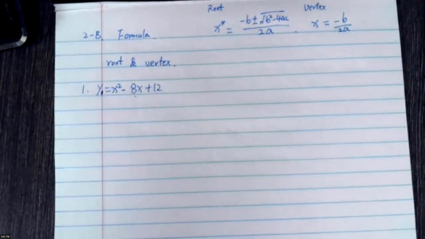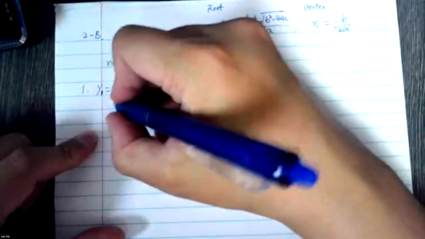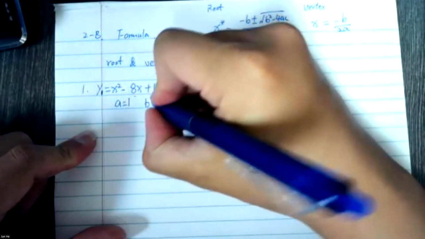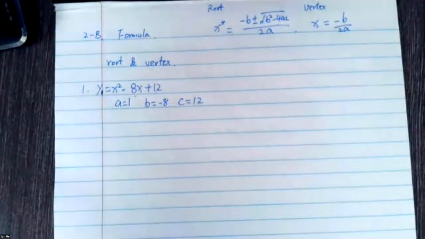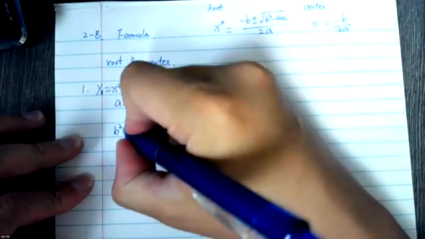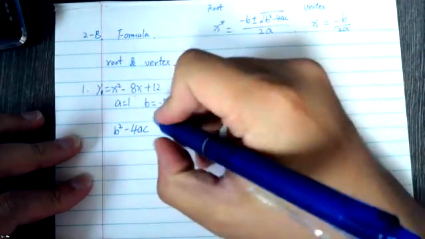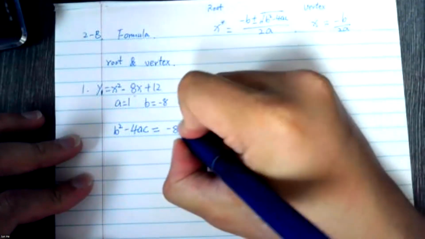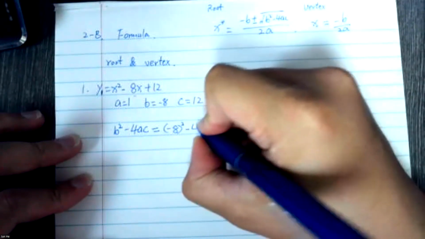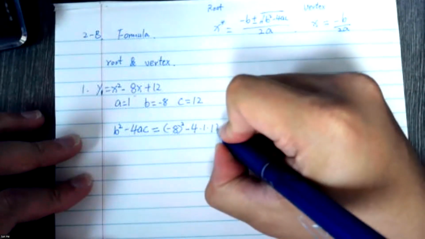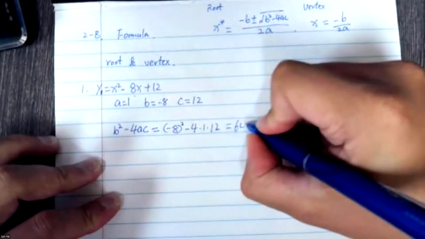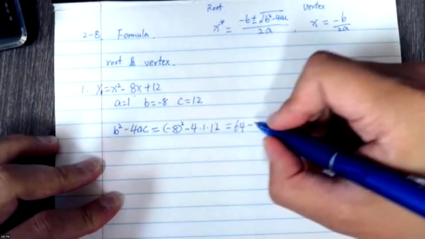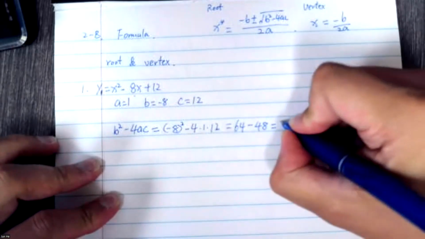Okay, so here a equal to 1, b equals to minus 8, c equals to 12. Okay, so b squared minus 4ac in this case is minus 8 squared minus 4 times a times c, which is 12. So that is 64 minus 4 by 12 is 48. The result is 16.